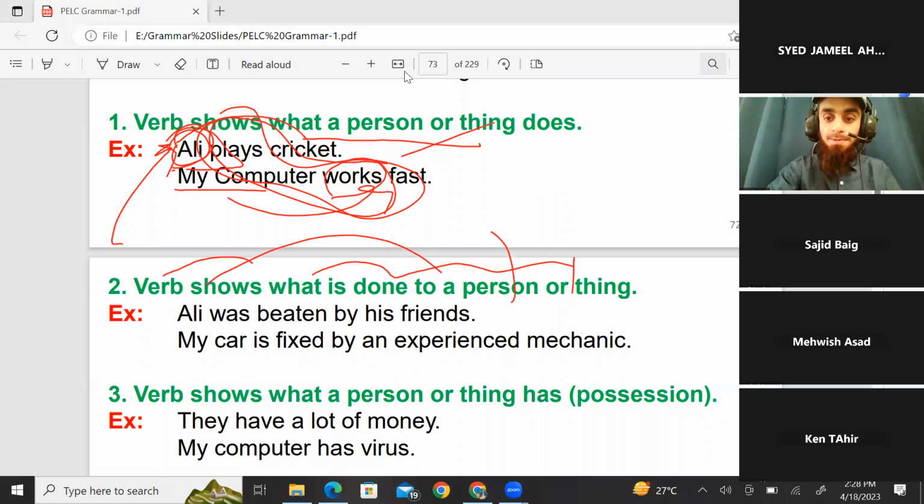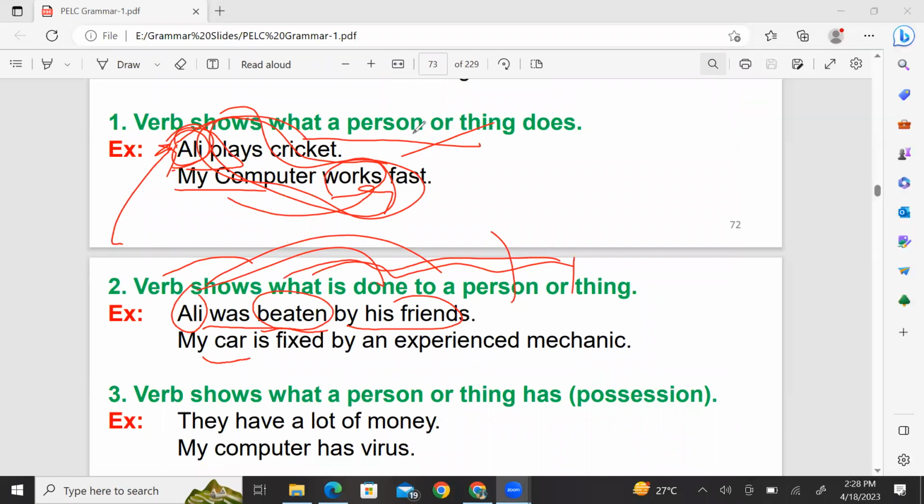Here you see the verb shows what is done to a person. Ali was beaten by his friend. Something happened to Ali, and that something shown to us in a sentence is called a verb. You got it? Again, my car is fixed by an experienced mechanic. Here, which word is verb?